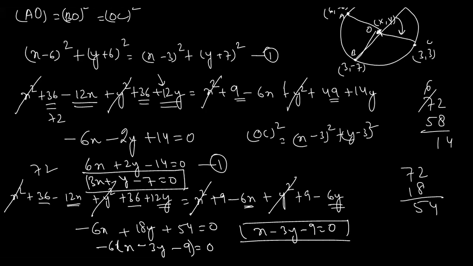That's very simple. You have to write the equations. 3x plus y minus 7 equals 0.